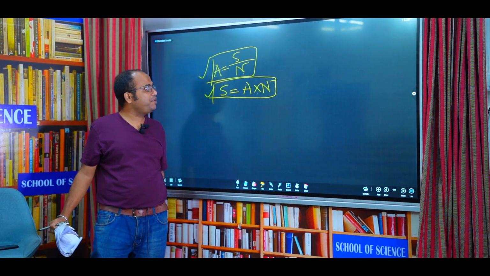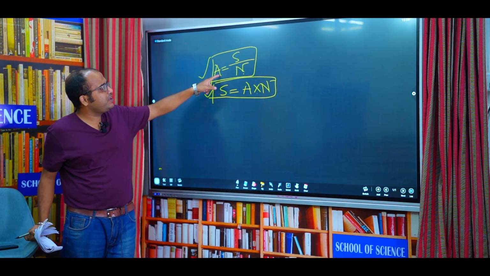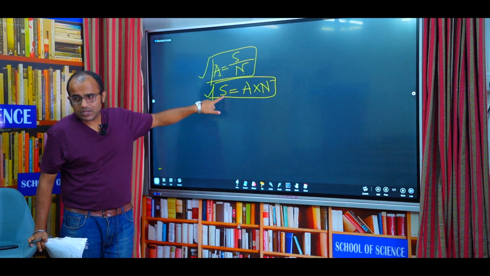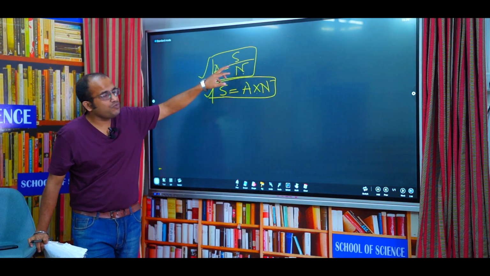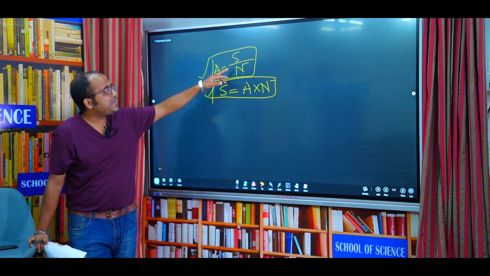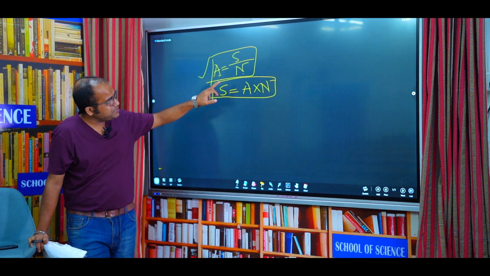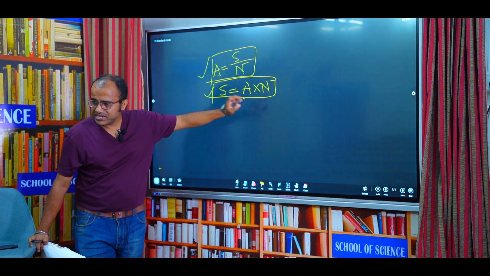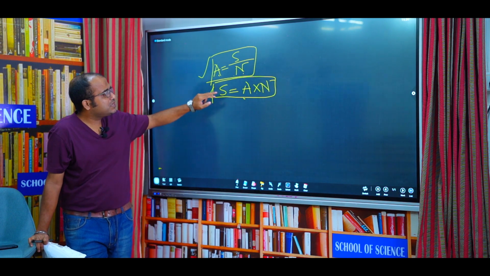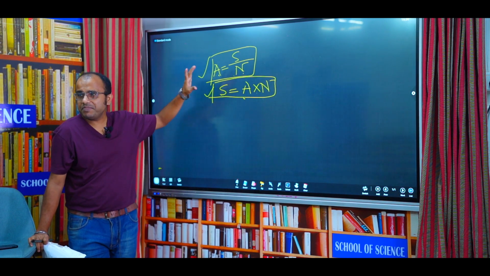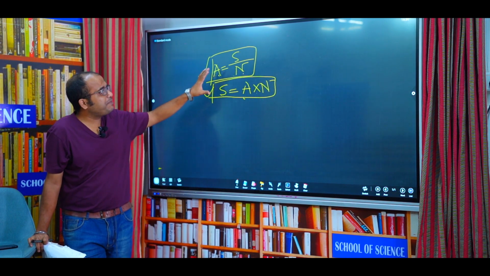In an average problem, if average is given, you find the sum; and if sum and number of quantities are given, you find the average.